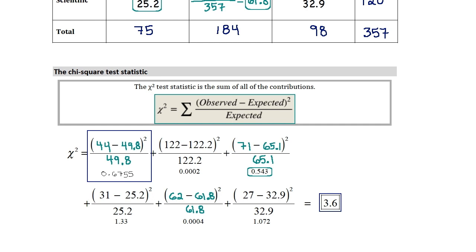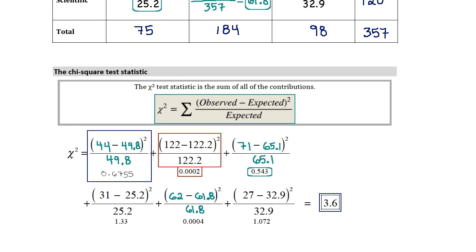Now, to understand the chi-square statistic, it's helpful to look more closely at some of these calculations. If we look at this middle top calculation here, the 122 and the 122.2 are almost exactly the same, and we can see that we got a very small contribution to the chi-square statistic.